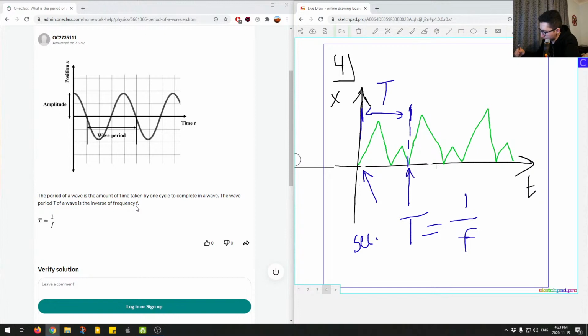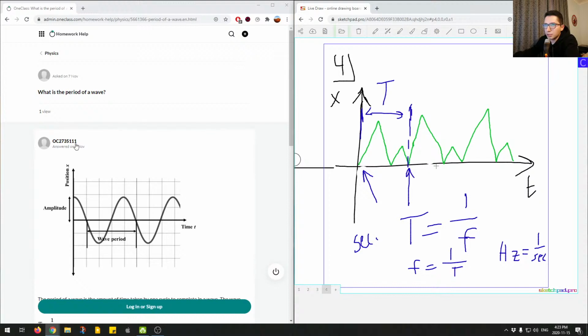And the unit of frequency is hertz. So frequency equals 1 over the period, and that would be in hertz, or per second. So hertz is just 1 over seconds.